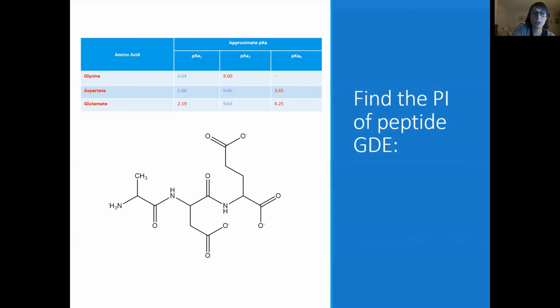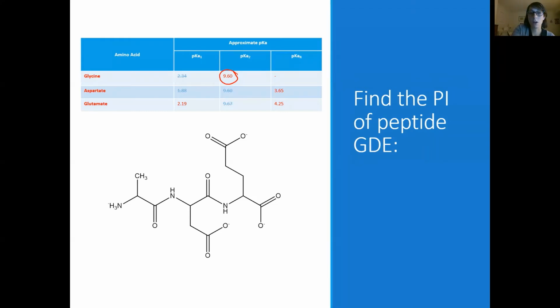So you can see starting at the end of our structure with glycine, glycine is the amino acid that has the amino terminal end. So the amino group of the glycine is important for this peptide. This amino group will have a charge on it. And so for glycine, I have highlighted the pKa associated with its amino group.